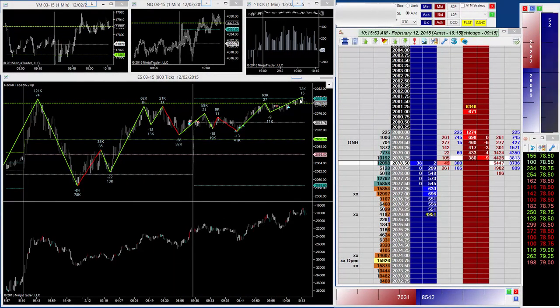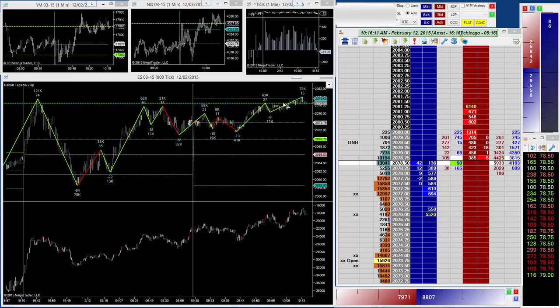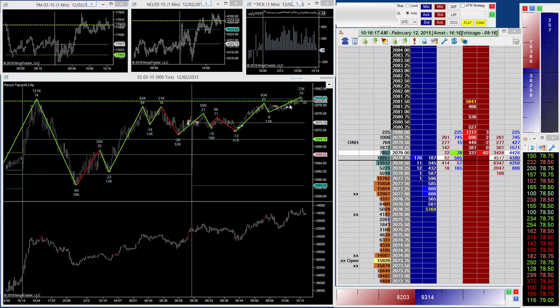Okay, so we've moved up 72,000 contracts, 15 ticks. Block sell. It's not a very big move, and we don't really have much separation. If you look at the action, we've moved sideways here, and then pretty much moved sideways just above where we were. So yes, the swing from this point to this point is 15 ticks, but there's no real separation there.